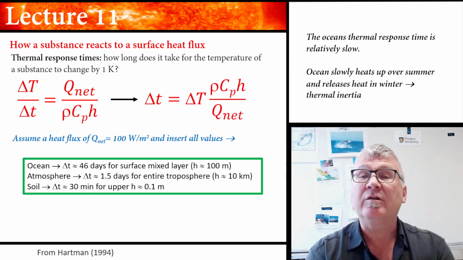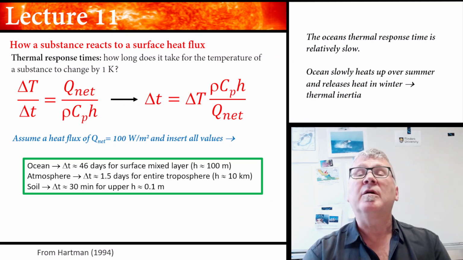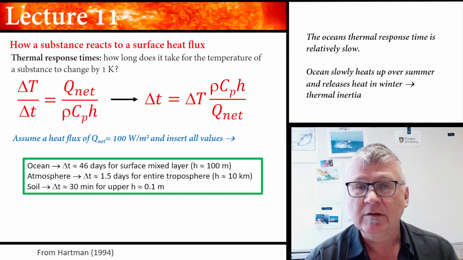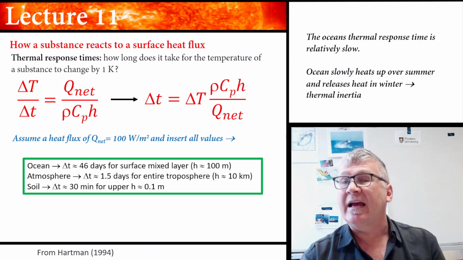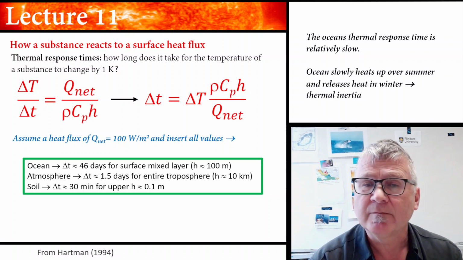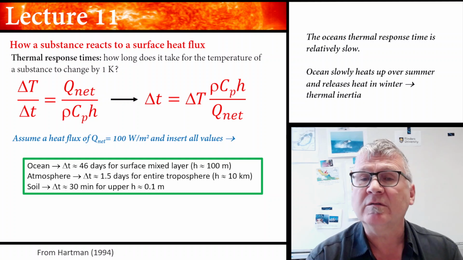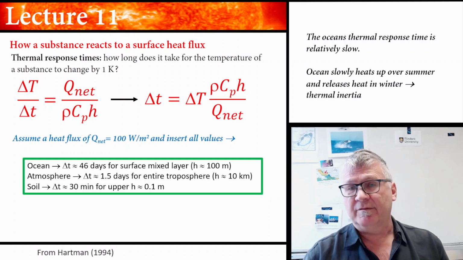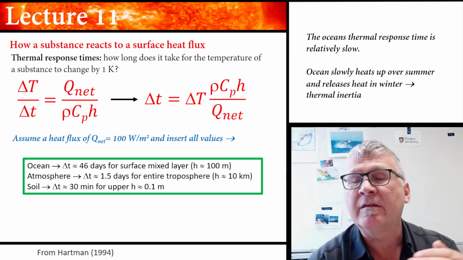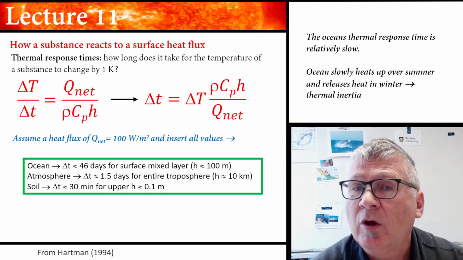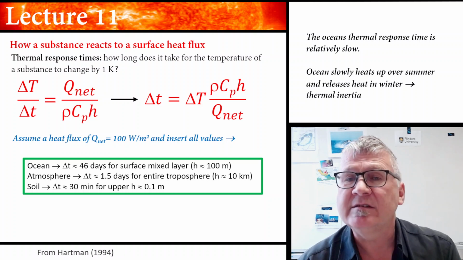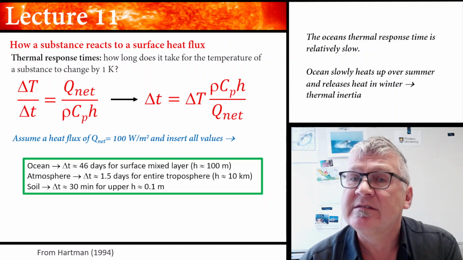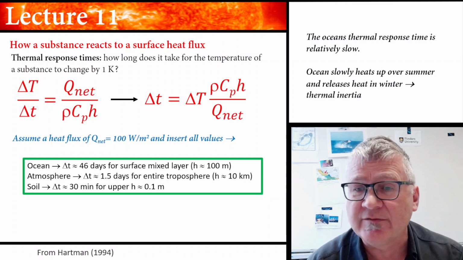On the other hand, you also get something we call thermal inertia, so that the ocean stays warm into the winter season and actually heats up the atmosphere. Or the other way around, it stays cool longer into the warmer seasons of the year, the summer seasons, and actually cools down the atmosphere.